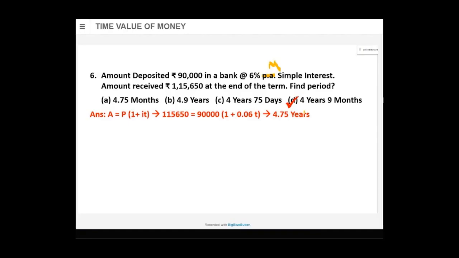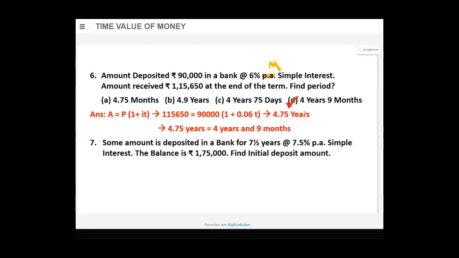How to get months? 0.75 multiplied by 12. So the answer is D. Be careful. It's easy, and you people will make such mistakes. Here I am saying 4.75 years is equal to 4 years and 9 months. How did I get that 9 months? Again, I am telling you, 0.75 multiplied by 12. So whatever decimal comes in, multiply by 12.